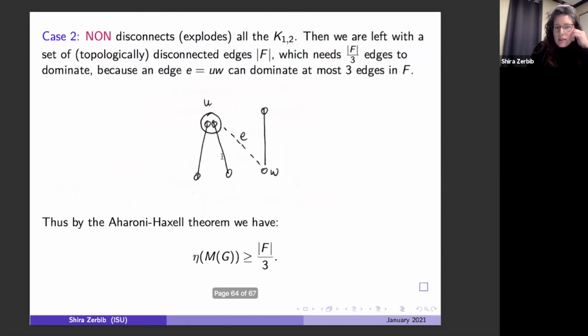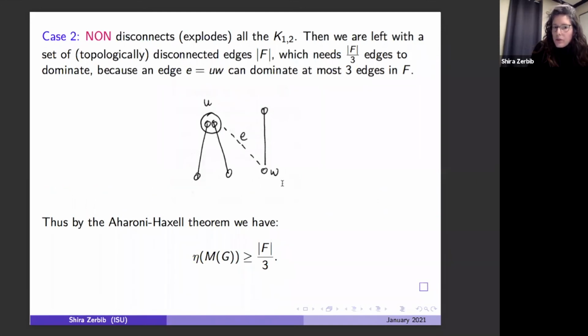The other case is that None does not explode and just disconnects, namely deletes the edges, for all the K12s. So then we are left with a set of topologically disconnected edges F. So this is a matching now topologically.